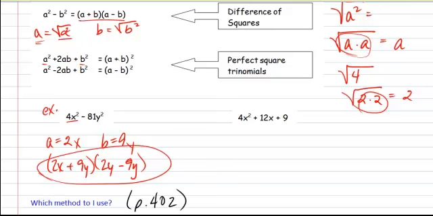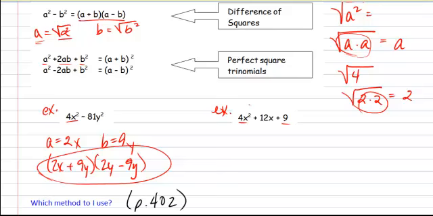And this is just a fast way of factoring. What I want you to be able to see is if I have a perfect square at the front and a perfect square at the end, and I multiply those square roots together times 2, I would get the middle term. Let me just show you what I mean. Here I have an example: 4x squared plus 12x plus 9. I notice that the first and the last terms are both perfect squares.